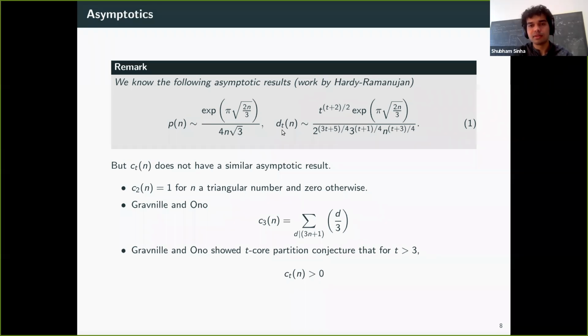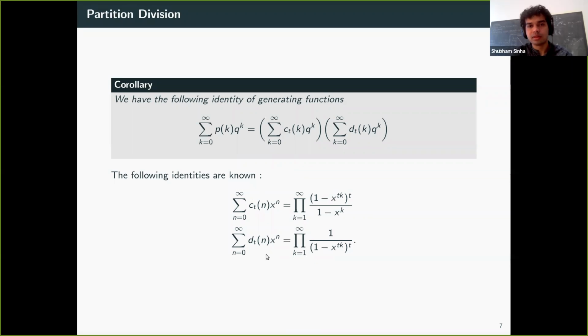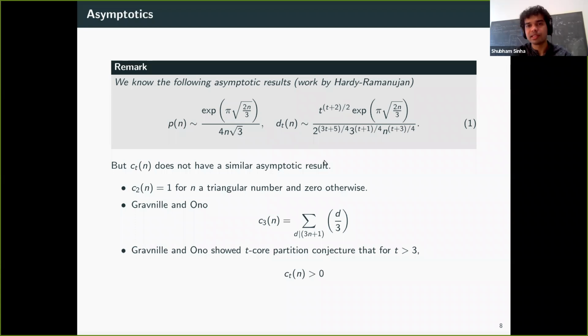And as you saw from the generating function for DT, it's not surprising that a similar expression holds for the number of T divisible partitions as well.